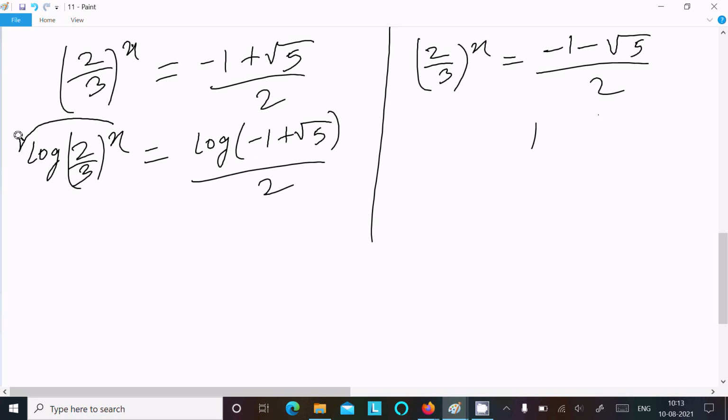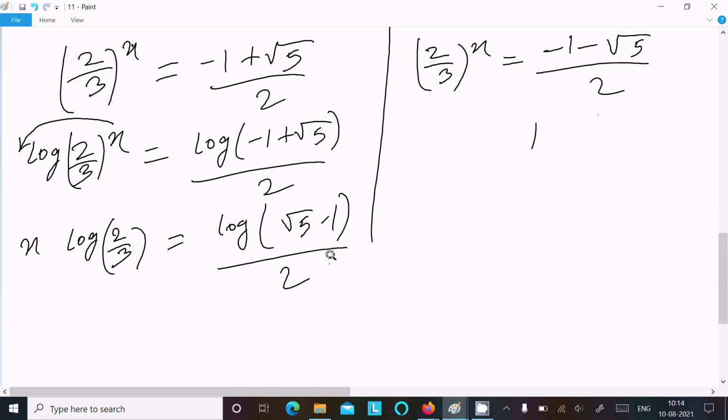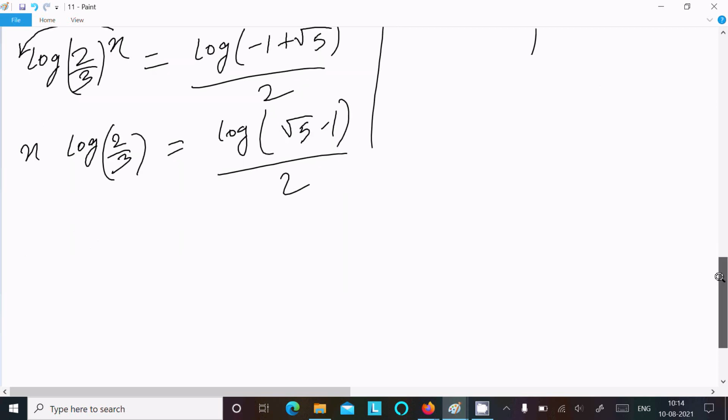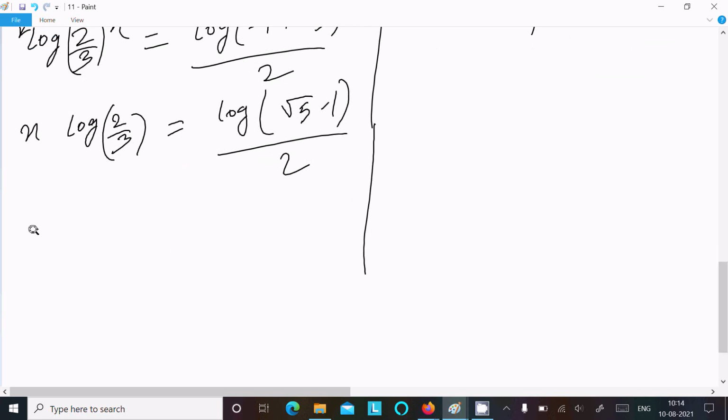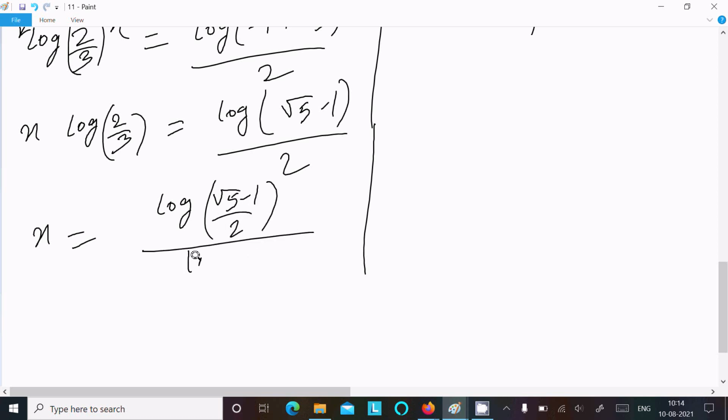Now x moves to the front, so we write x log (2/3) equal to log of that. So x equal to log of (root 5 minus 1) divided by 2, divided by log (2/3).